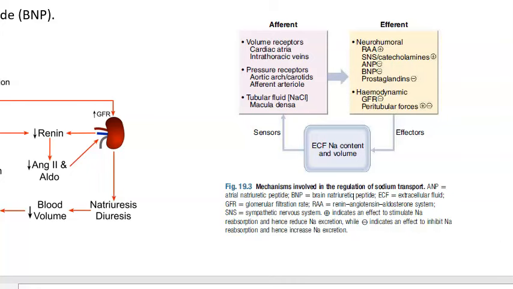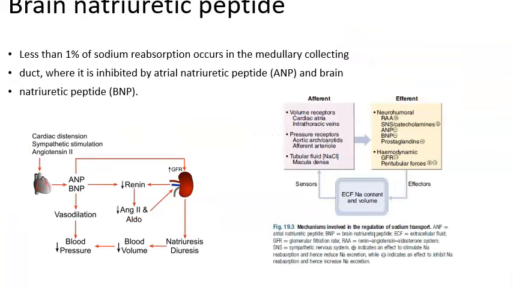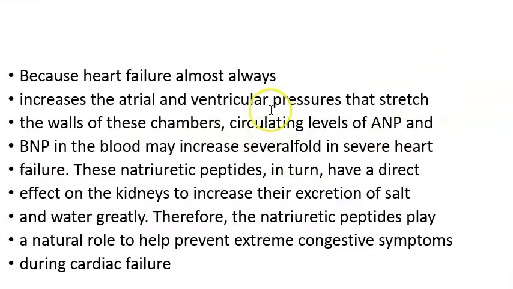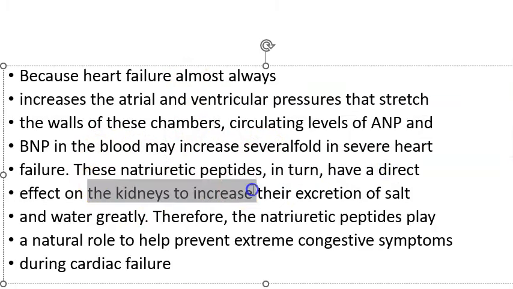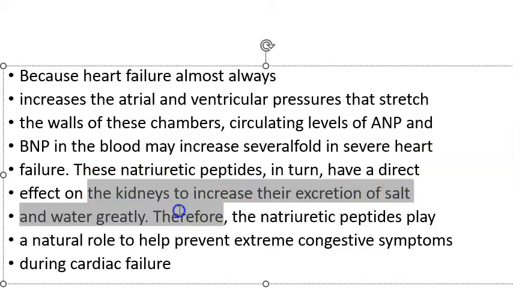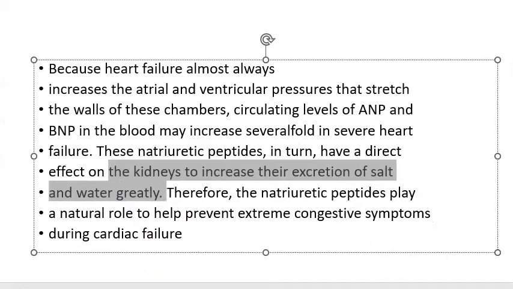Diuresis. Then these natriuretic peptides have a direct effect on kidneys to increase the excretion of salt and water. So therefore, the blood volume will reduce. So the load on the heart will reduce. So it is trying to protect the heart. That is what it is trying to indirectly do.